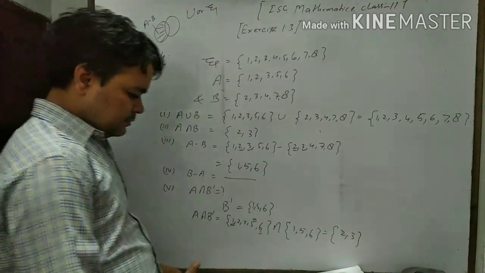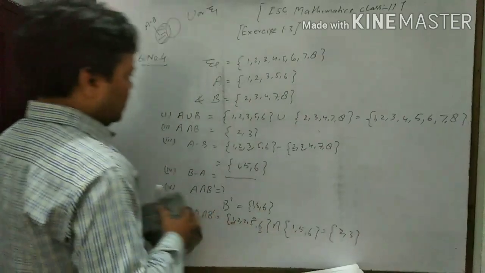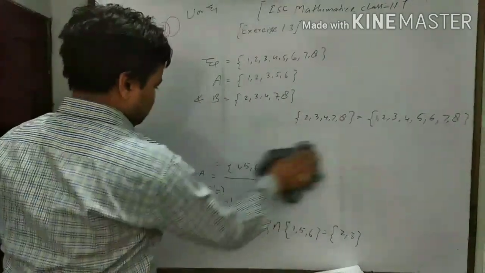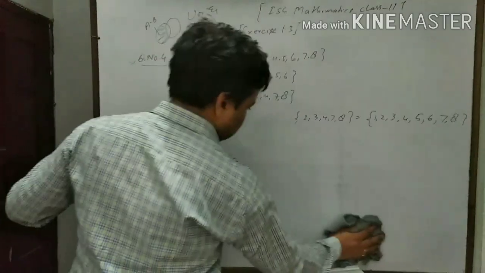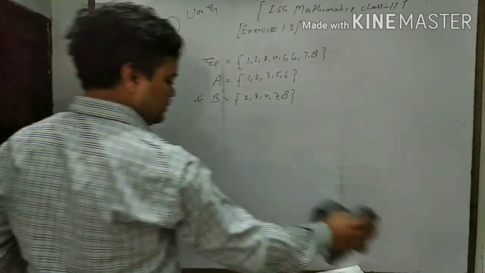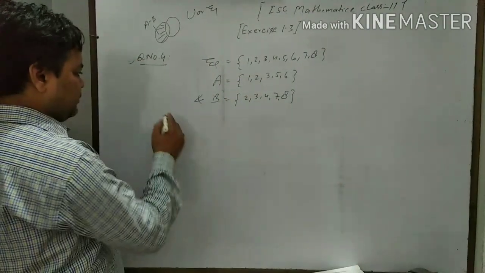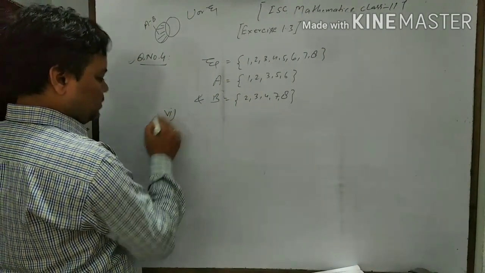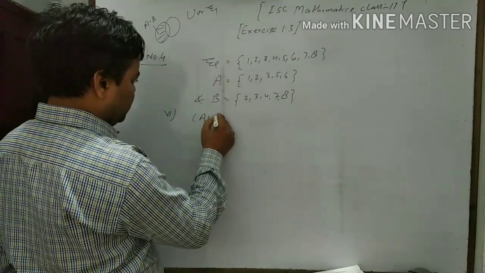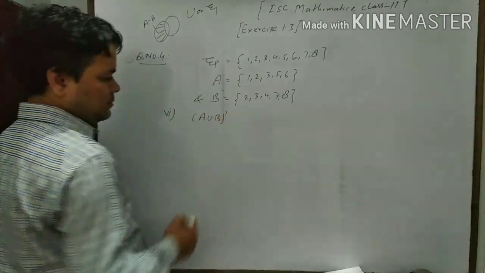Now let us see the sixth part. The sixth part is A union B dash.